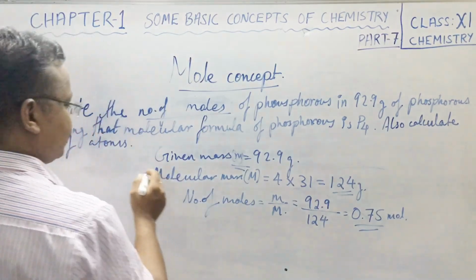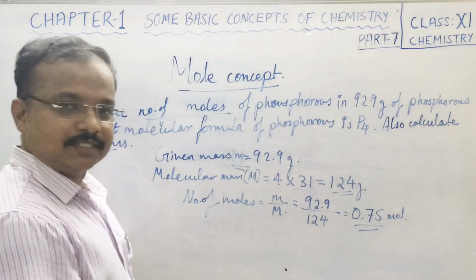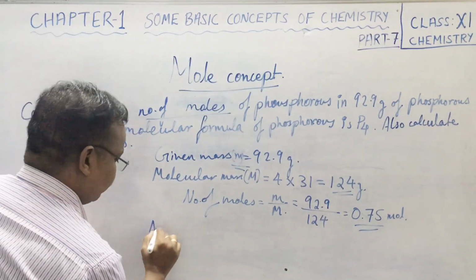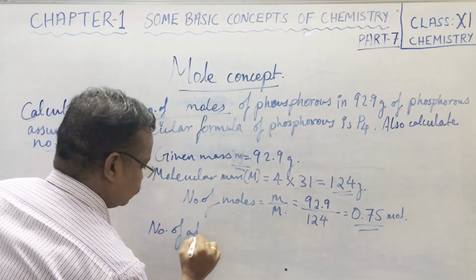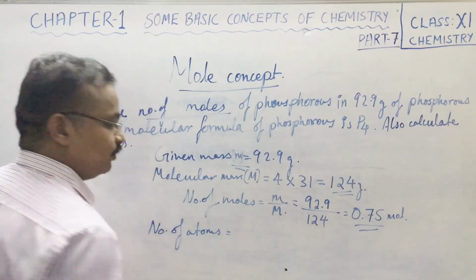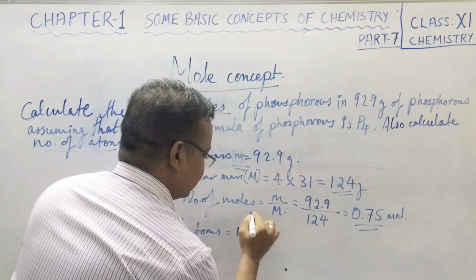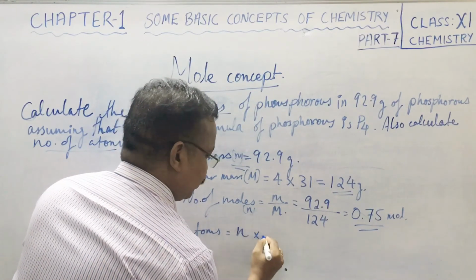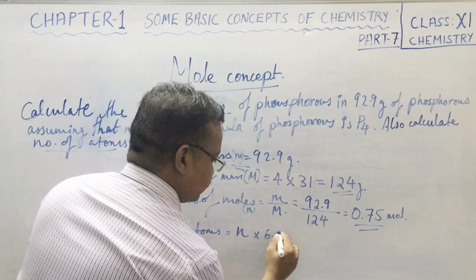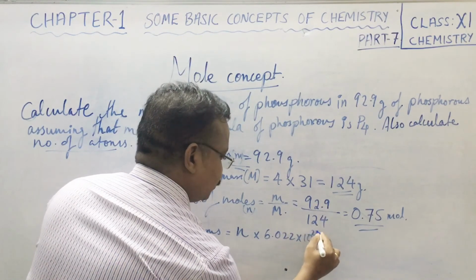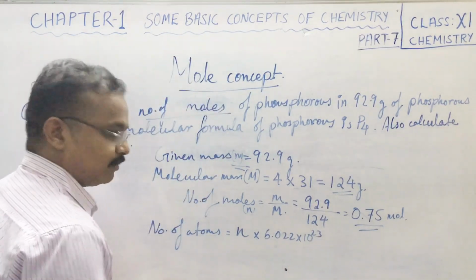Now what is asked to find? Number of atoms. Clear? So number of atoms is equal to, what we have studied, number of moles n into 6.022 into 10 raised to 23. That is our Avogadro number.